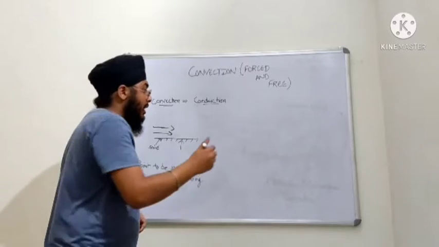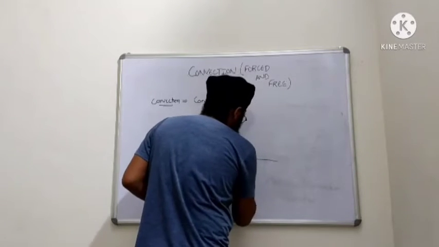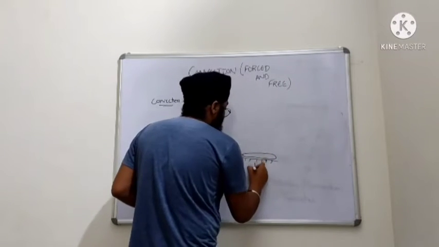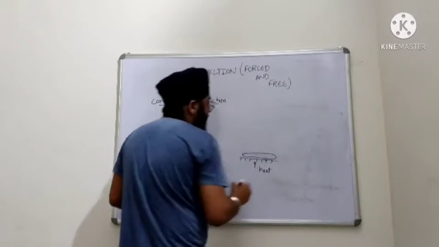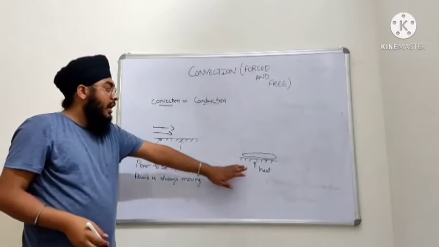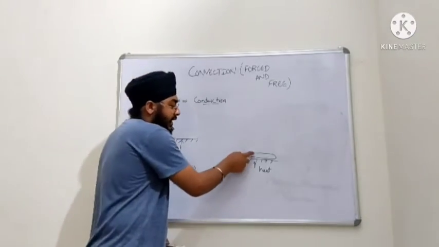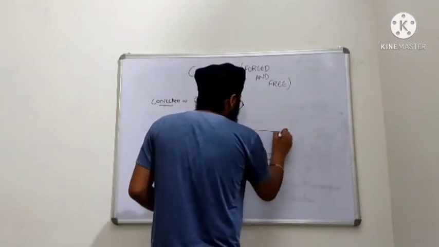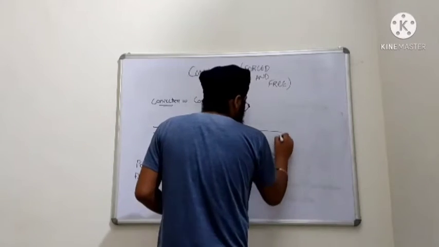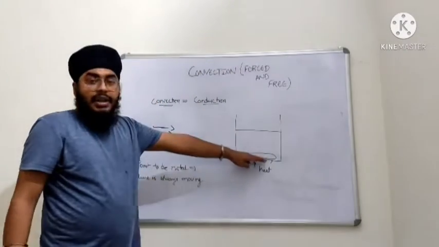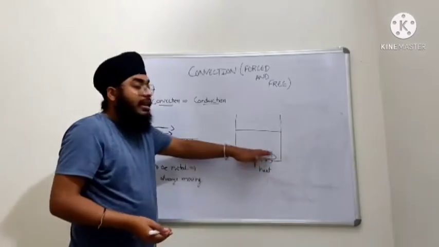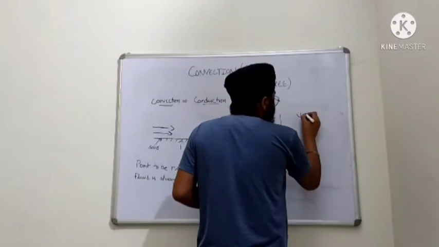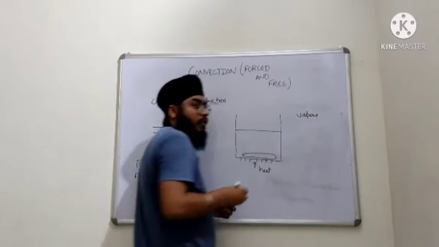Now, as we are giving heat to the surface and it is transferring that heat to the layer which is above it, this layer will get excited and the density of this liquid layer decreases, because we know the vapor density is less than the liquid.